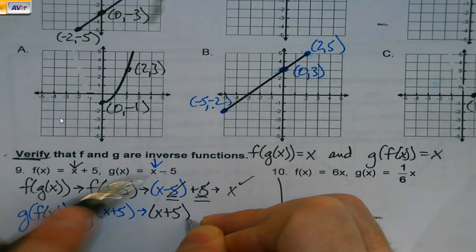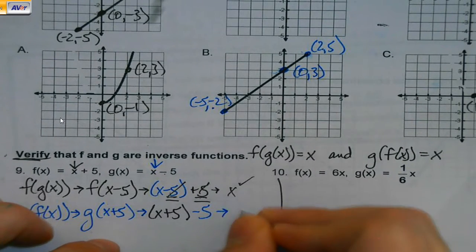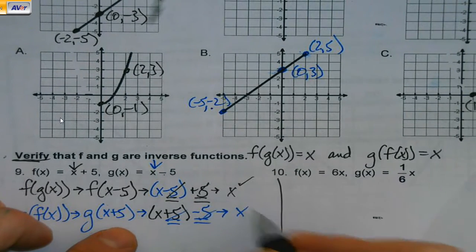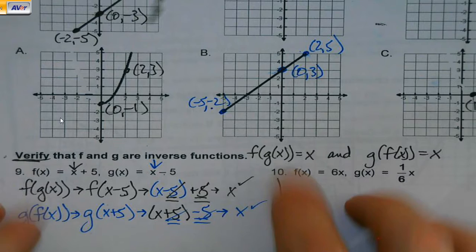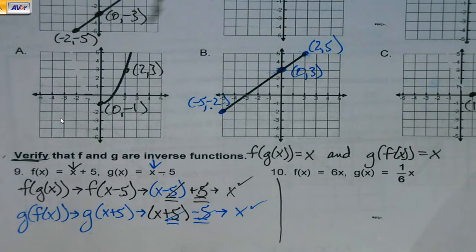Okay, whatever's in the parentheses goes in where the x goes. Again, +5 and -5 cancel. And I just showed they're inverses. Okay, both my compositions, f of g of x and g of f of x, both equaled x. And so I'm okay. Now, if they wouldn't both equal x, then they're not inverses. And that's kind of what we're trying to prove.